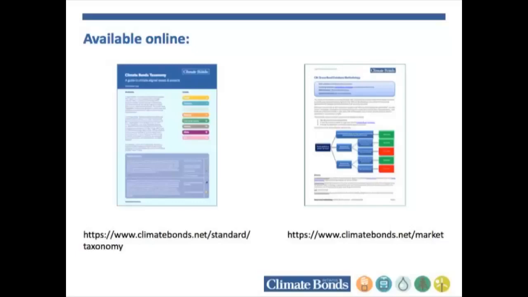And one of the ways we check that, last year we started looking at post-issuance reporting. We published a report on post-issuance reporting. We are doing that exercise this year, and we're looking at what issuers are reporting in terms of allocations and checking that that is compliant with the original framework and what they promised to do.